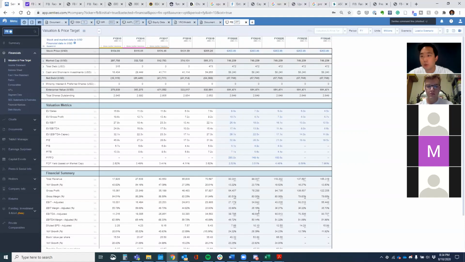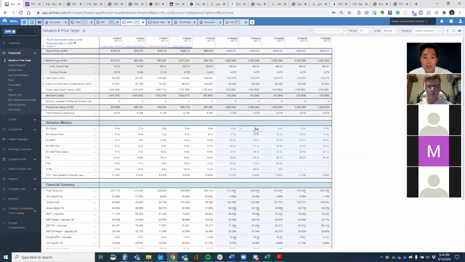So let's call it cash flow growth, versus Apple, which is trading at 21 times forward EBITDA. See, even they do EBITDA minus Capex, so we're not crazy here.